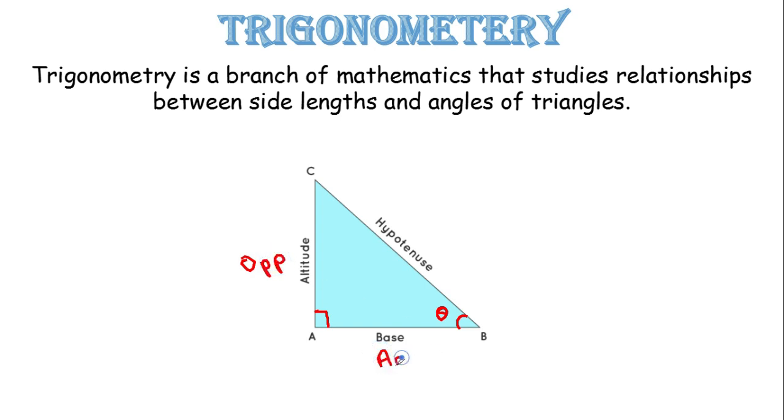So this is the opposite and this is adjacent. We also name these as base and altitude. When the theta value is placed on the other side, this adjacent becomes opposite and this opposite becomes adjacent. The opposite and adjacent are based on the sides of theta.